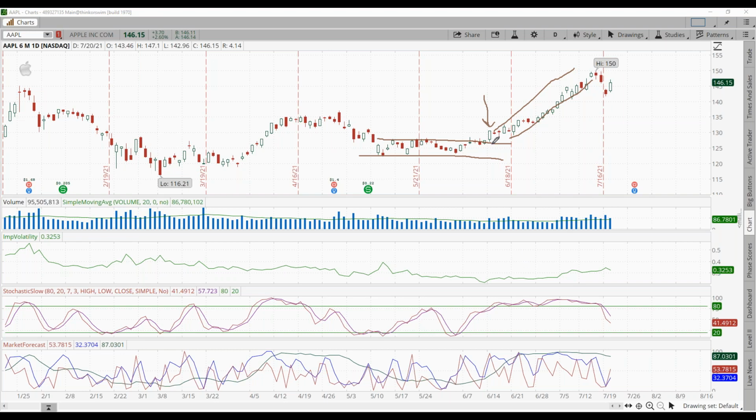Now, is my stochastics going to help me if I'm waiting for a breakout? No. Stochastics helps you when you're trying to catch a bounce off of support. Stochastics or any other oscillator that you might use: MACD, RSI, CCI, awesome oscillator, whatever you have as your oscillating tool.